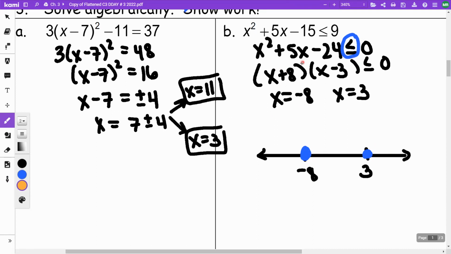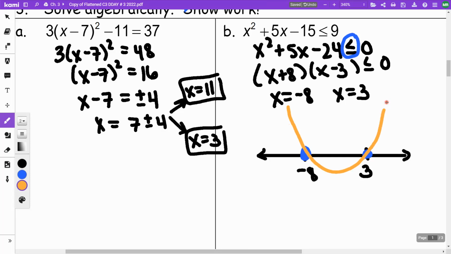So this would be an open up parabola, so I'm going to start above. And that means as I'm coming here from the left to -8, I'm above, which is greater, at, below, at, above. Okay, let me draw that a little neater. I was just trying to have you follow.